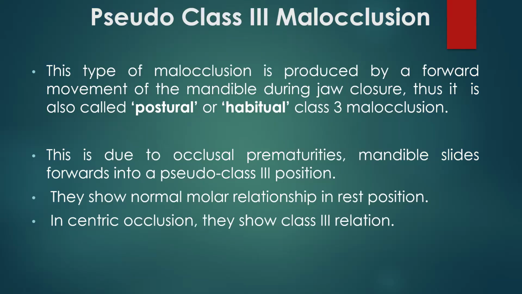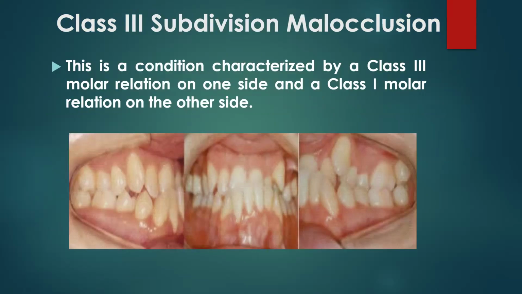So, at rest position, we'll be having a normal molar relationship. On centric occlusion, they'll be sliding over this premature occlusal contact and give us the class 3 relationship. Also, another classification of class 3 is class 3 subdivision, wherein there will be a class 1 molar relationship on one side and a class 3 relationship on the other side.